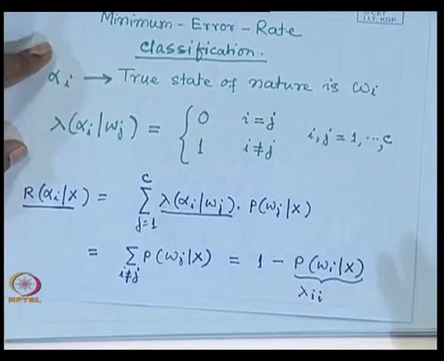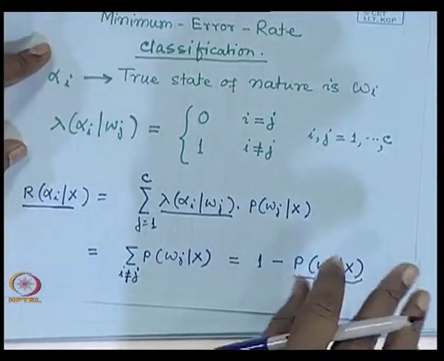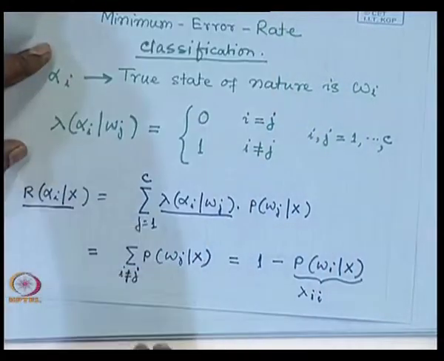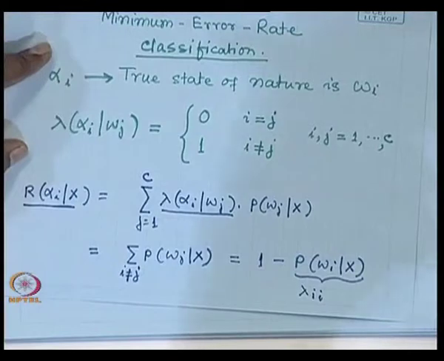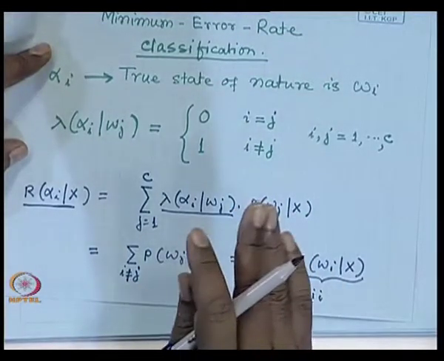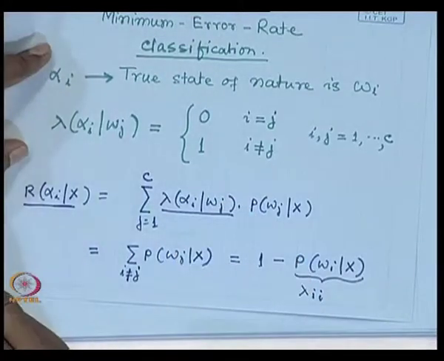If I go for minimum risk classifier, then for every different action, this classifier has to find out the corresponding risk, and it has to give me that action for which the risk is minimum. If I go for Bayes rule, for every different class, it has to find out the a posteriori probability.